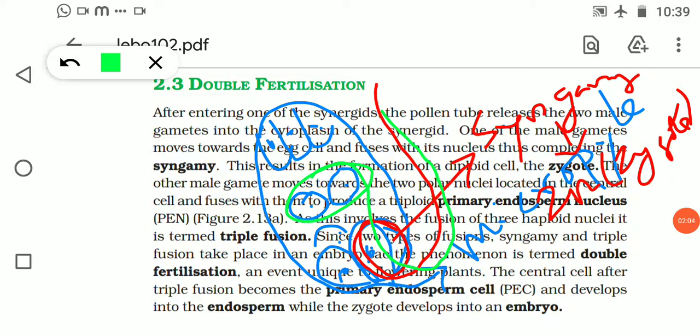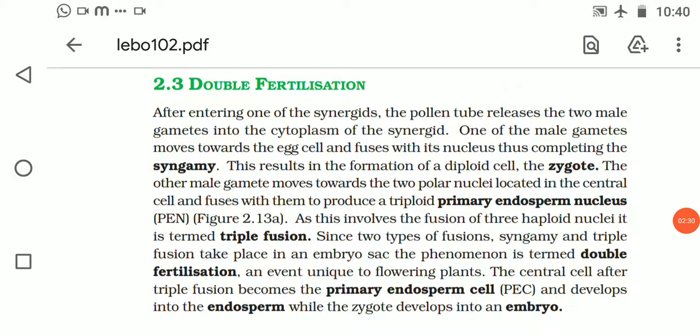Once it fuses with the polar nuclei, as it is 3N, it is known as triple fusion. So there are 2 fertilizations taking place, one is syngamy and one is triple fusion. That is why, as 2 fertilizations take place in plants, it is known as double fertilization.